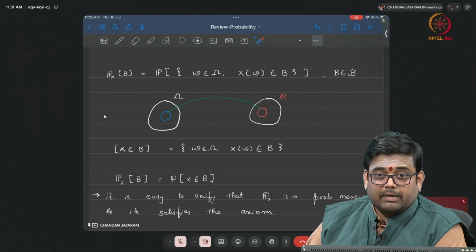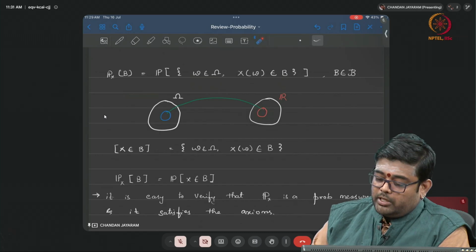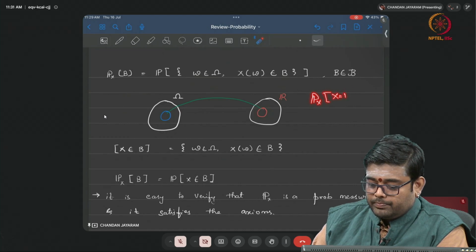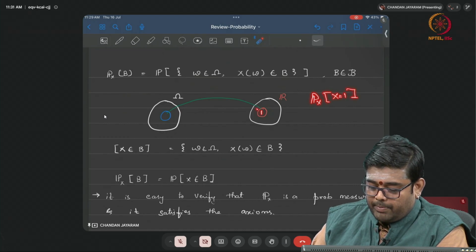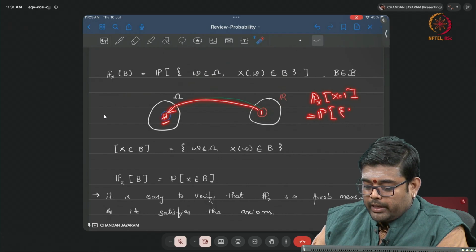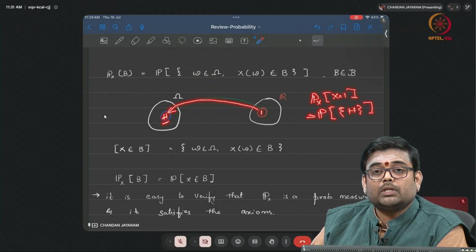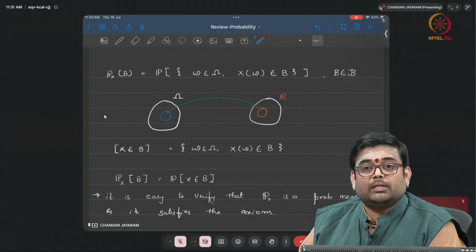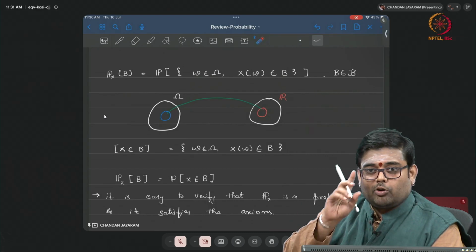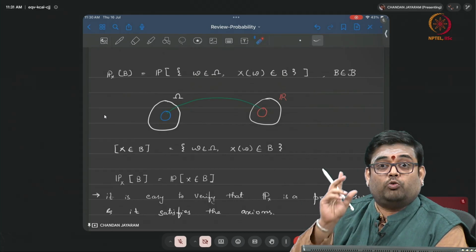Now the example that you can think of is, in the new probability space, what is the P_X of X taking the value 1? Now if 1 is here, what is 1 mapped to in the sample space? This is mapped to heads. So this is equal to the probability of getting heads. Now in the hotel example that I told you, consider that under a very restricted idea you are allowed to take only one dish over there.